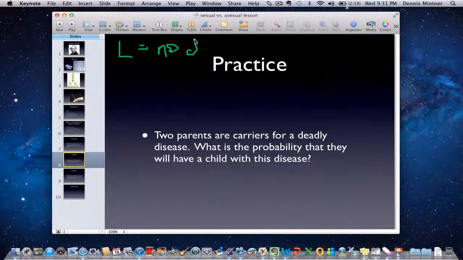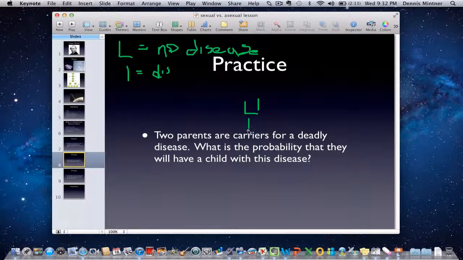They don't have the disease, they're carriers, and they're heterozygous, so no disease. All right, and little l would represent they have the deadly disease. We'll just say dis for the disease. So now both parents are carriers. That means both parents are big L, little l.